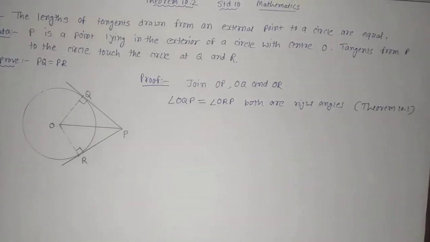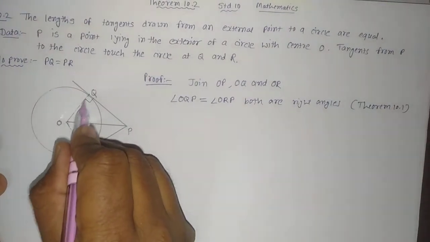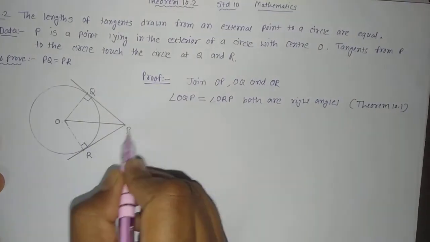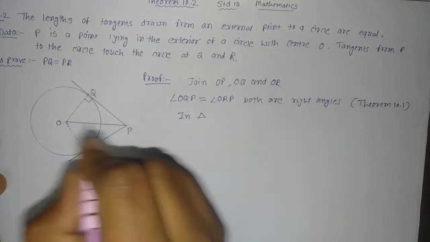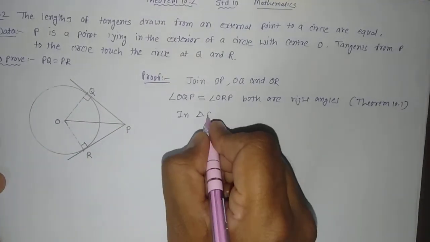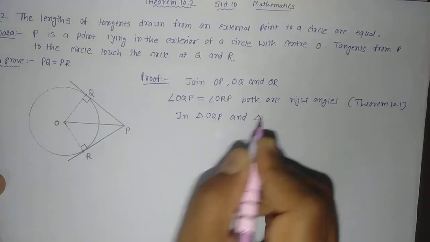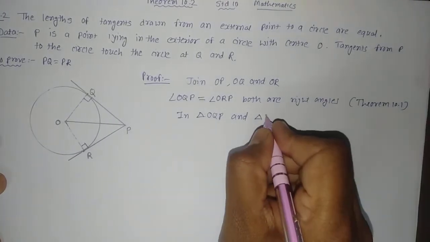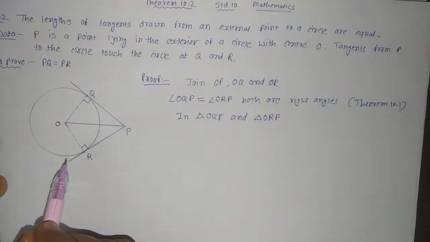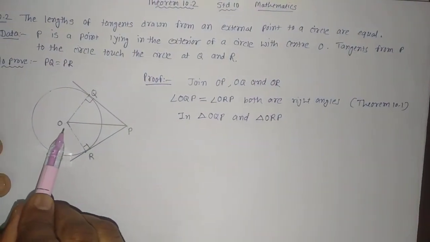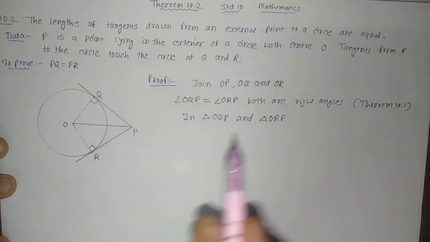Now let's go ahead. If we compare these two triangles, one triangle is this and another is this. So in triangle OQP and triangle ORP, first of all we see that this angle and this angle are both right angles as per the theorem.